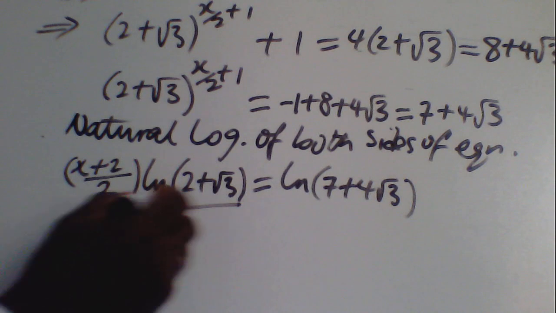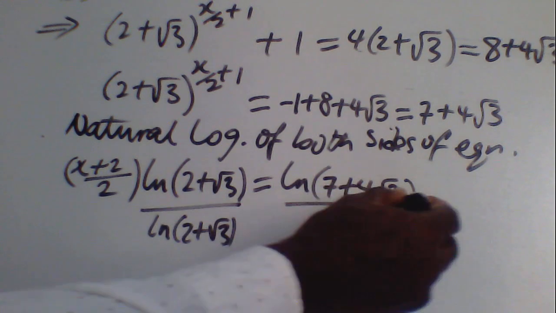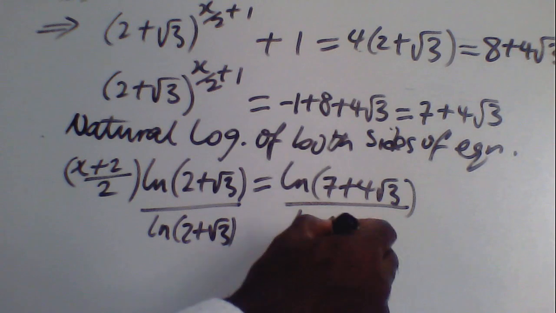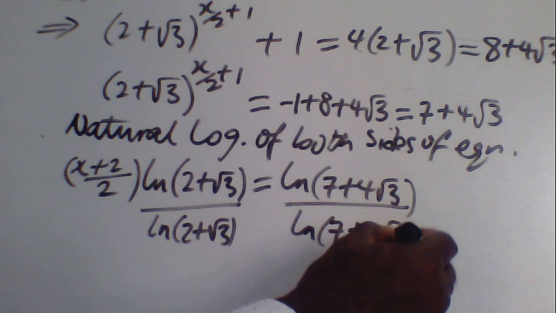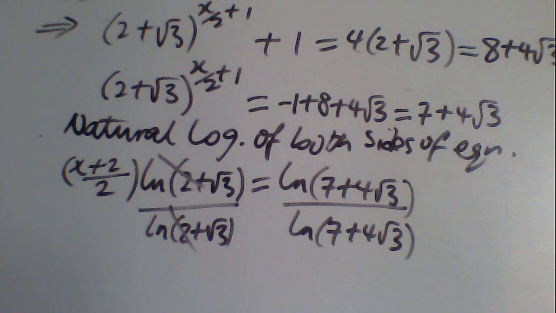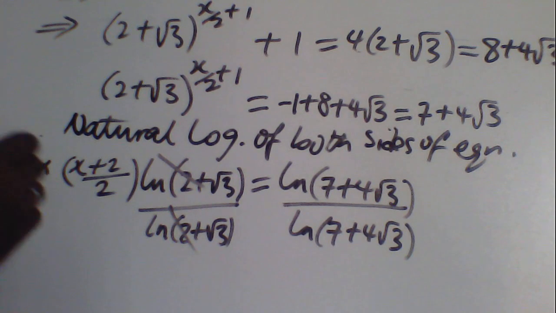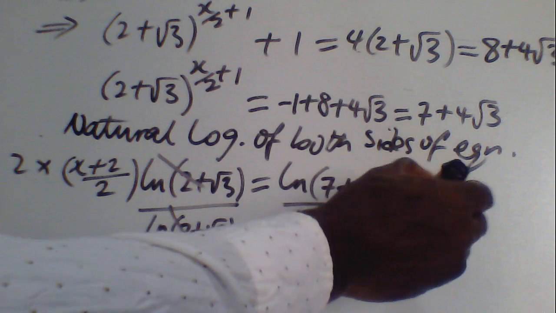So divide both sides of the equation by ln(2 + √3). We are trying to make x the subject of the formula. This gives us ln(7 + 4√3). So this can cancel out, and once it is done, we have 2 here.